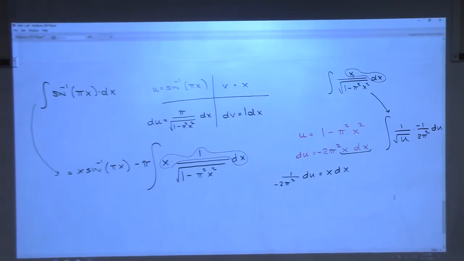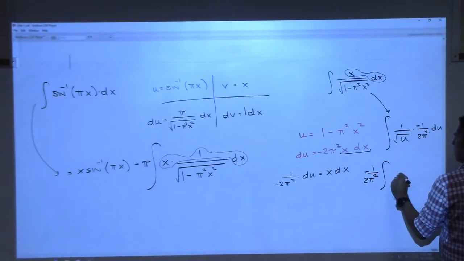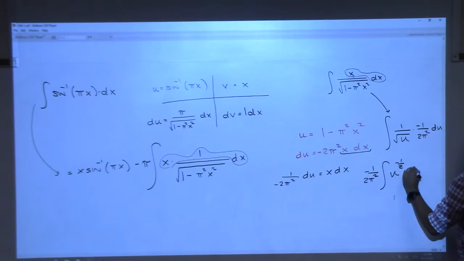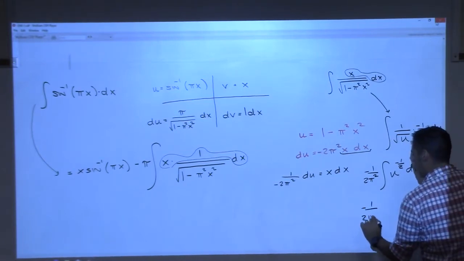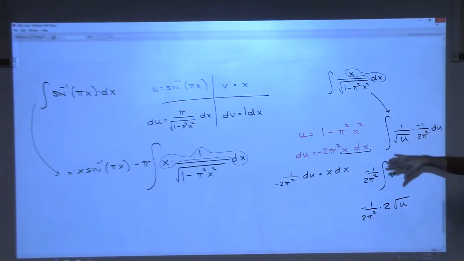And what can I do with the negative 1 over 2 pi squared? Just pull it out. And 1 over root u is really u to the negative half. Now I'm ready to find the antiderivative of that using my power rule. When we take the antiderivative of this, we're going to get 2u to the half, 2 times u to the 1/2, or 2 times the square root of u. So negative 1 over 2 pi squared times 2 square roots of u plus c, but I'll get the c at the end.